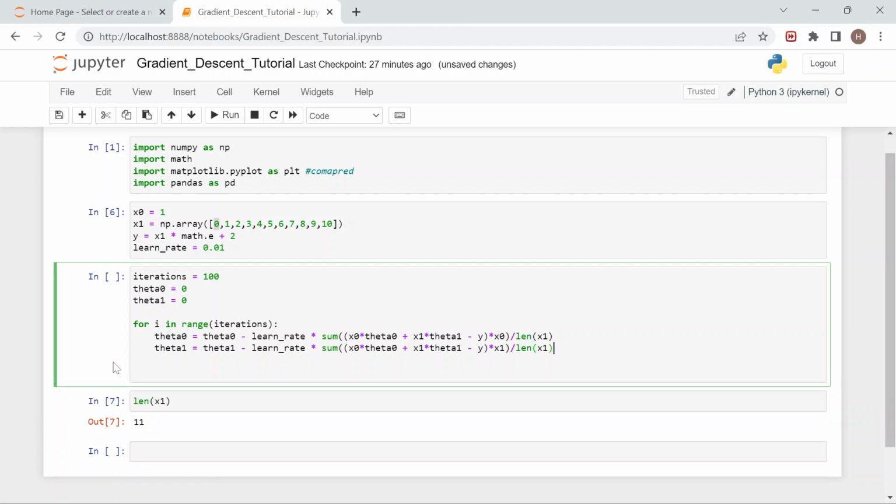So yeah, I think that should be that. And let's print, just for sanity, theta 0, theta 1, and just write bias is, and then theta 1 is.